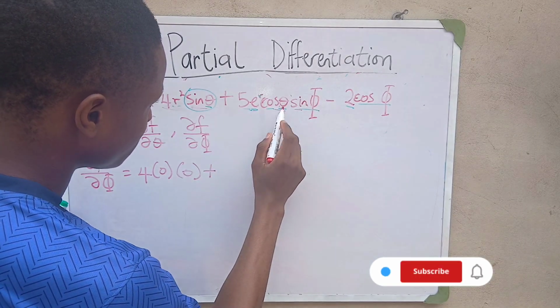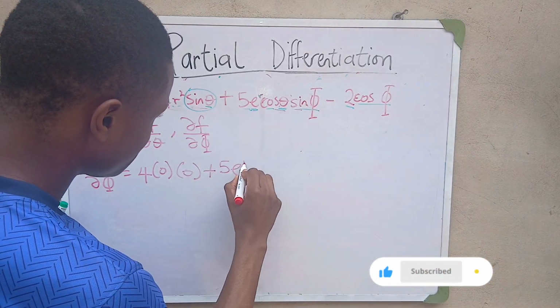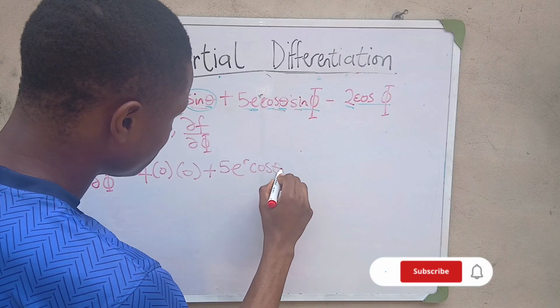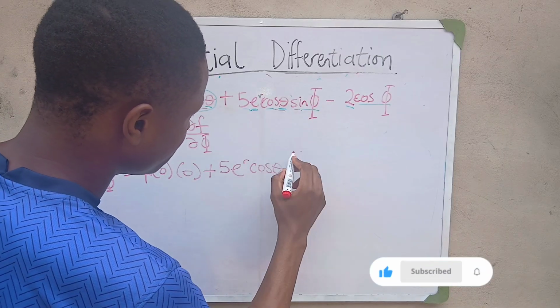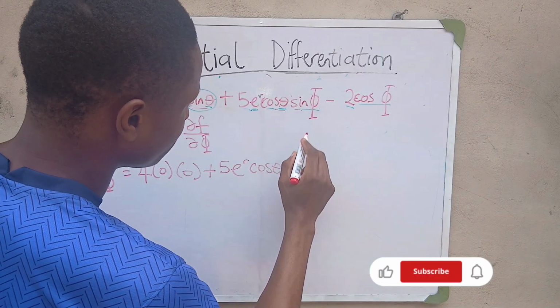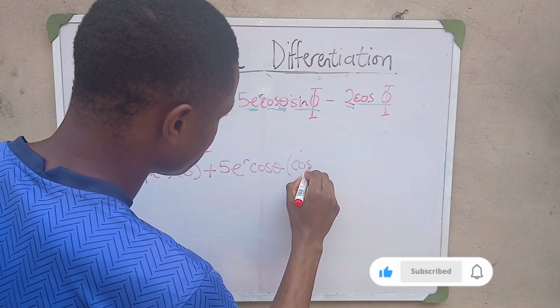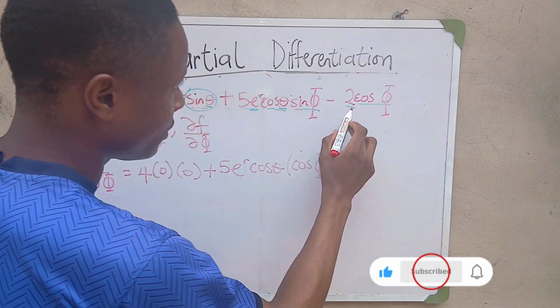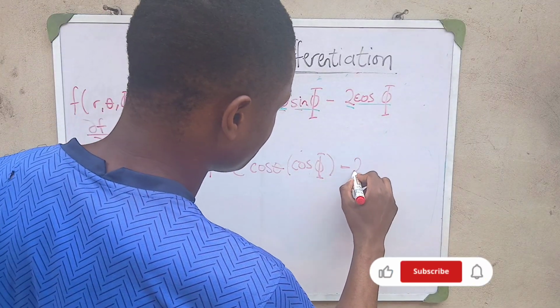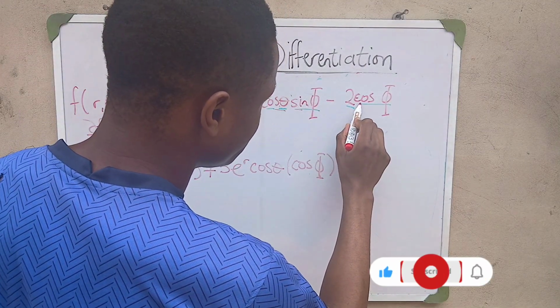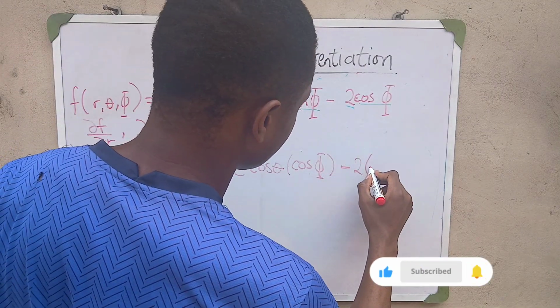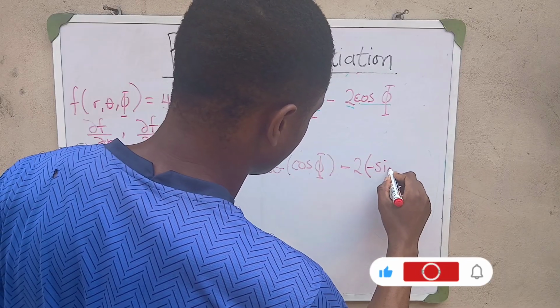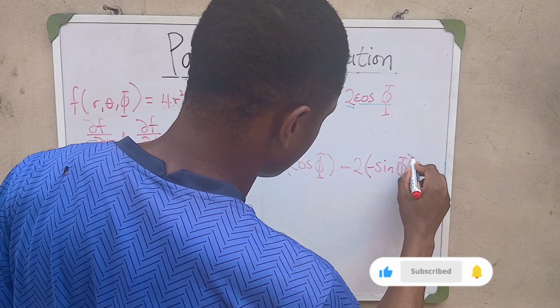So these are constant. So we're having 5 e raised to the power r cos theta. Differentiating sine psi, we'll be having cos psi minus, here we have psi. So we have 2 into, differentiating cos psi, we'll be having minus sine psi.